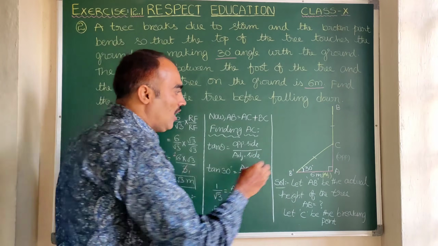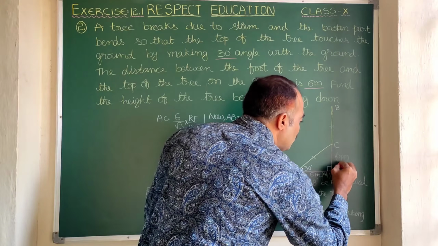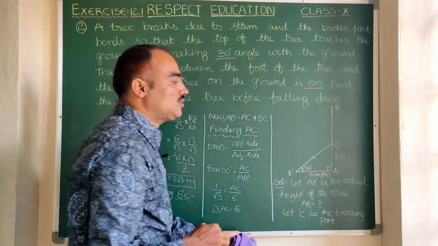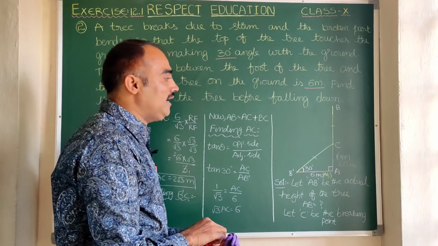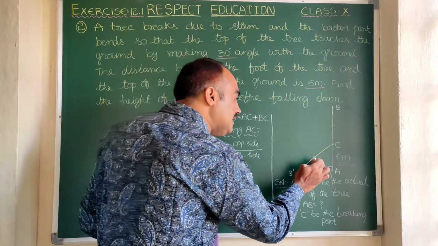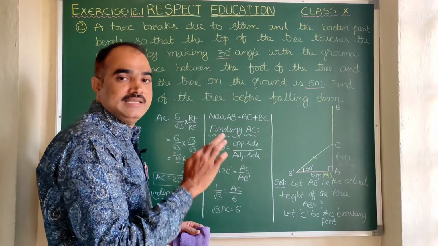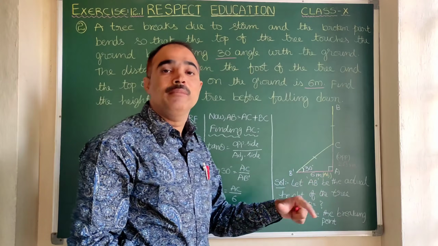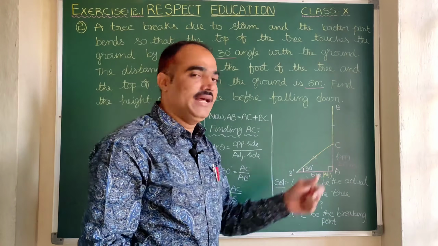B dash C is what for this triangle? That is the hypotenuse. If you understand carefully, there are many ways to find B dash C.